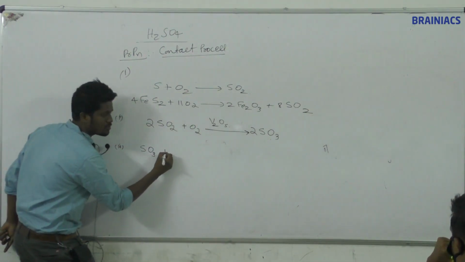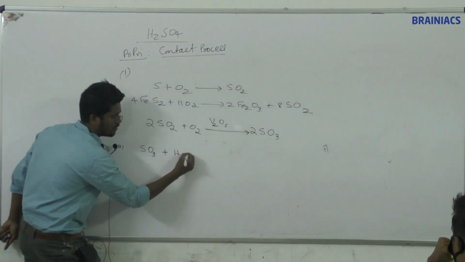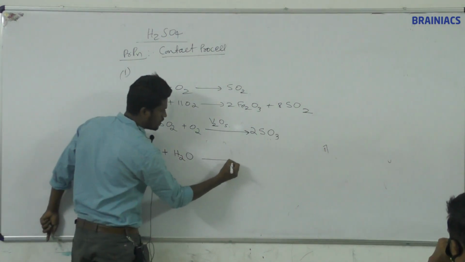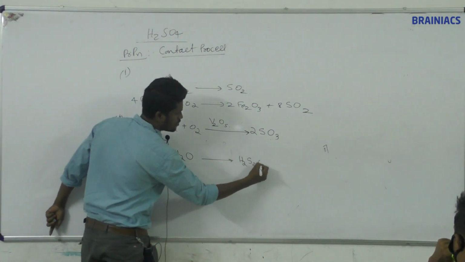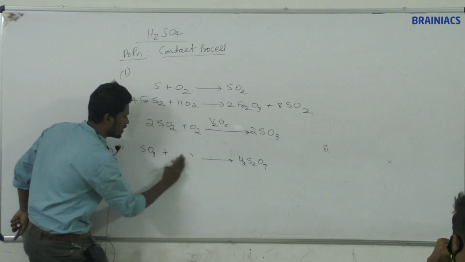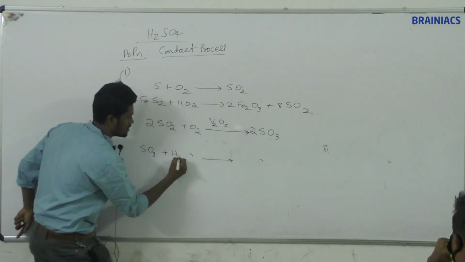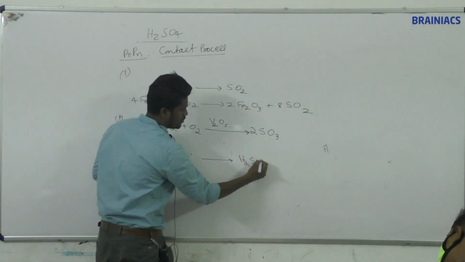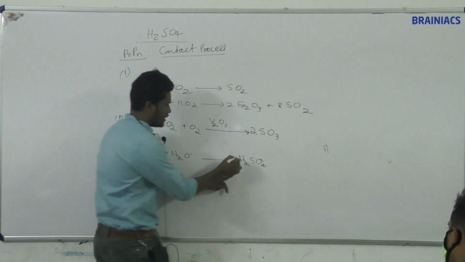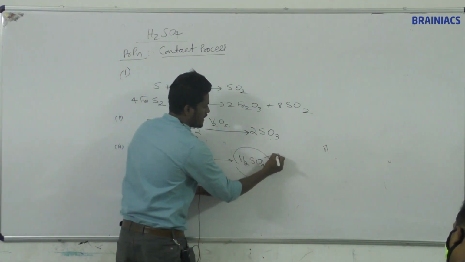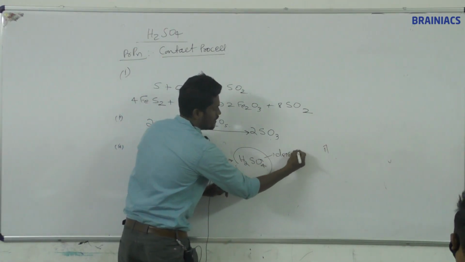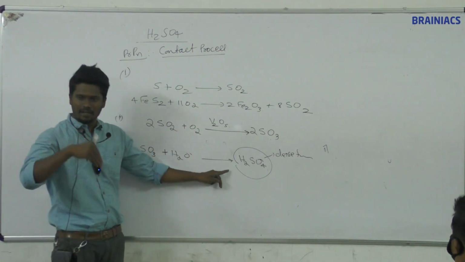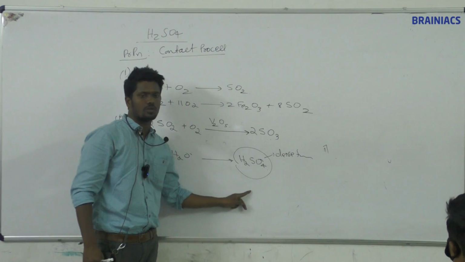SO3 is absorbed by water. It gives H2S2O7. Next one, SO3 is reacted with the water. It gives H2SO4. But here this H2SO4 is a dense fume of H2SO4 and it is difficult to condense into liquid state.